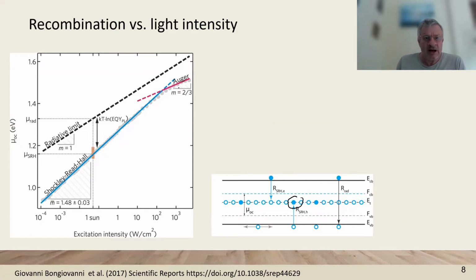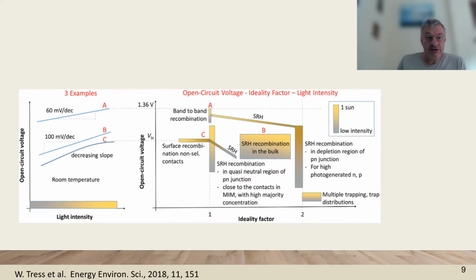And when going high, it will be dominated by Auger recombination, with m equals 2/3. So in general, this VOC with respect to intensity gives different slopes depending on the different mechanisms of recombination in the bulk or also at the surface that are occurring in the solar cell.